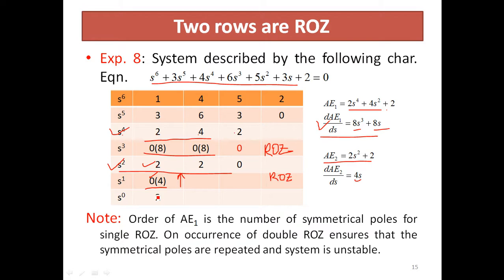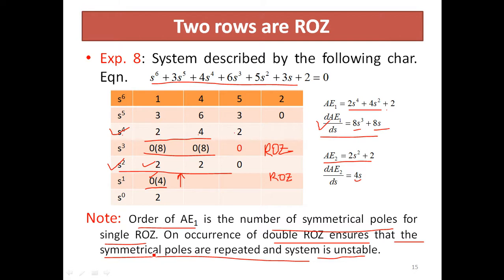Now what note you can make? The order of AE1 is the number of symmetrical poles for a single ROZ. On occurrence of double ROZ, it ensures that the symmetrical poles are repeated and the system is said to be unstable.